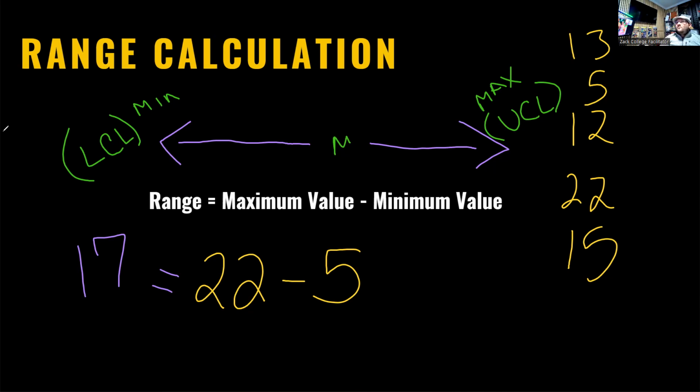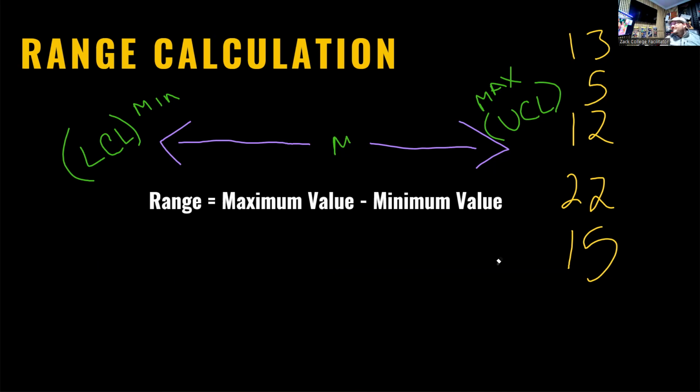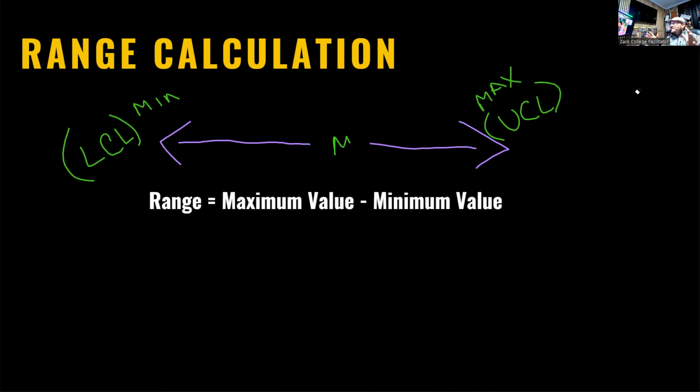As we look at range, it's one of the key metrics we can utilize. The functionality of range is very much like, hey, this is what it is. We can use this then to build off a control chart.